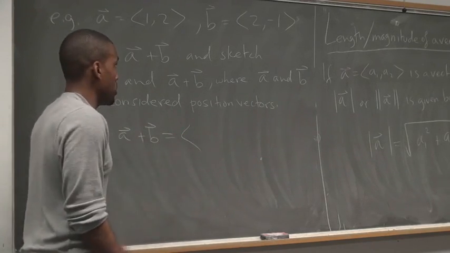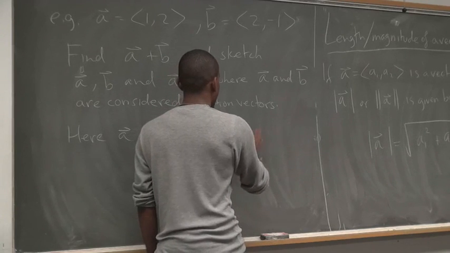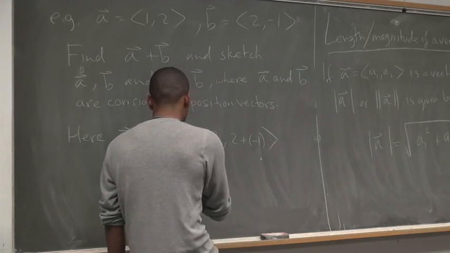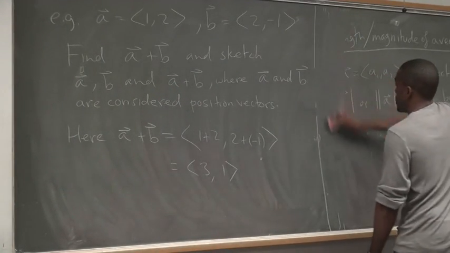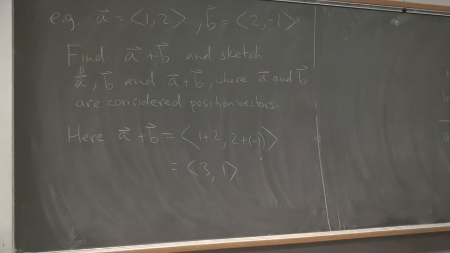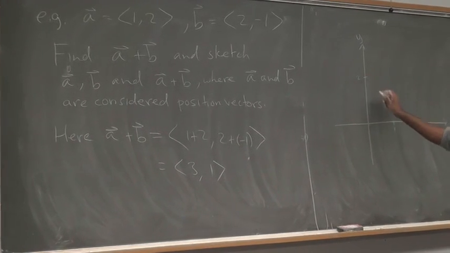In this case, A plus B would be you just add the corresponding components. So you have 1 plus 2, and then you have 2 plus or minus 1. This is 3 comma 1. And so if you wanted to actually draw this, A would go 1 unit in the x direction, 2 units up in the y direction.